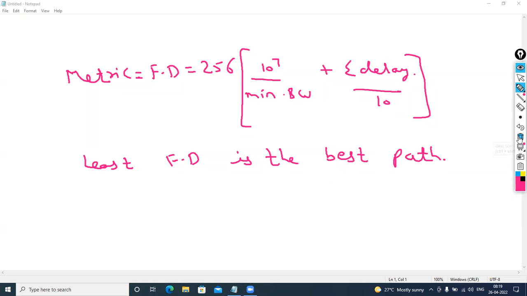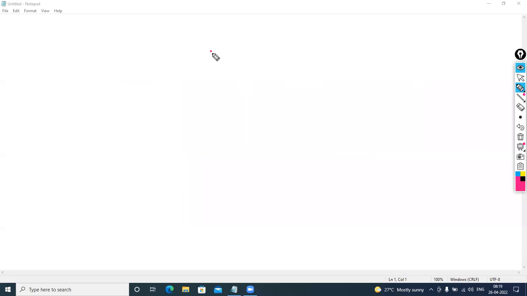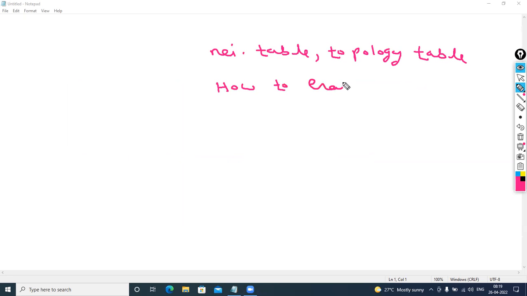Now, today we'll be discussing the neighbor table, topology table, how to enable EIGRP, and we'll see equal cost and unequal cost load balancing.